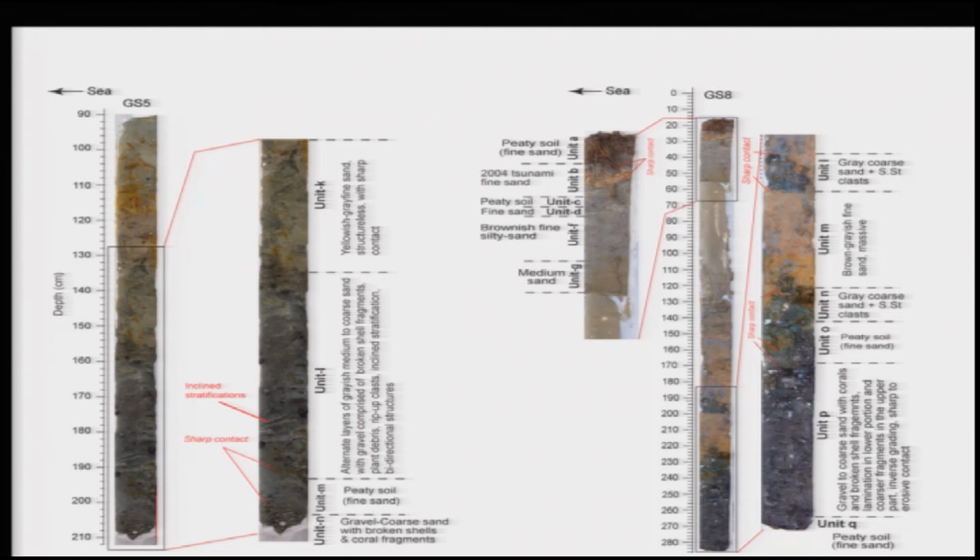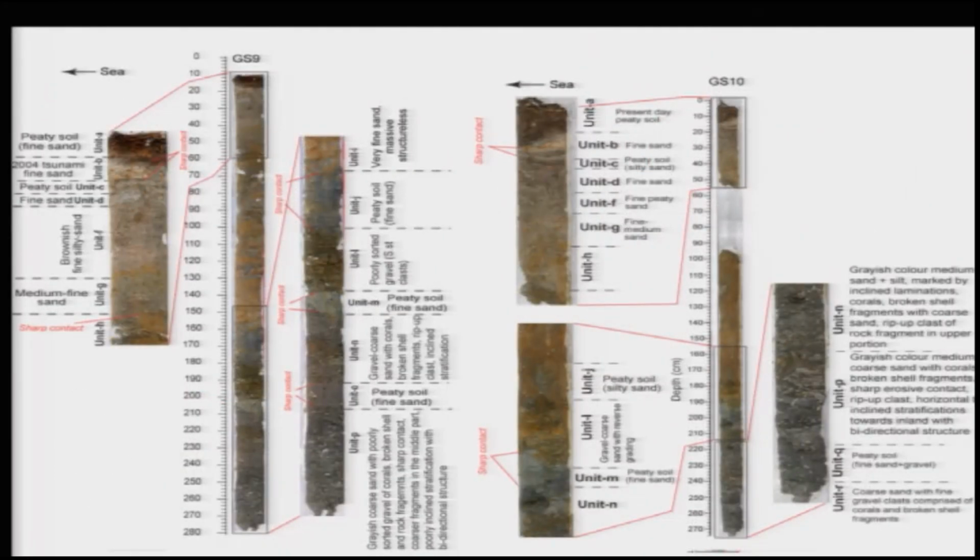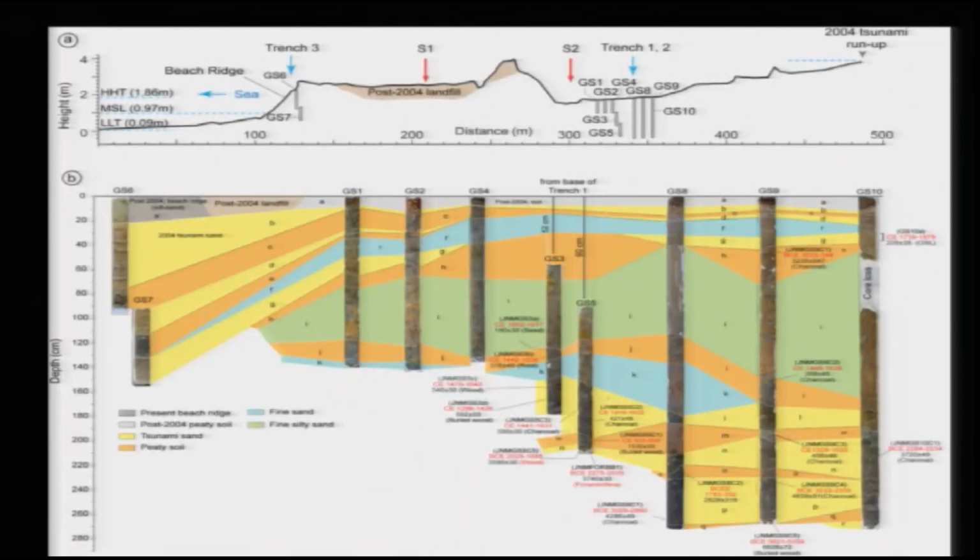Okay. So, these are a few more examples, and based on this we collected samples from different units, tried to bracket them, and interpreted our whole sections in terms of the tsunami events.